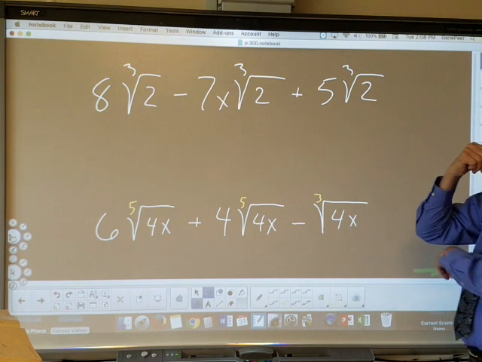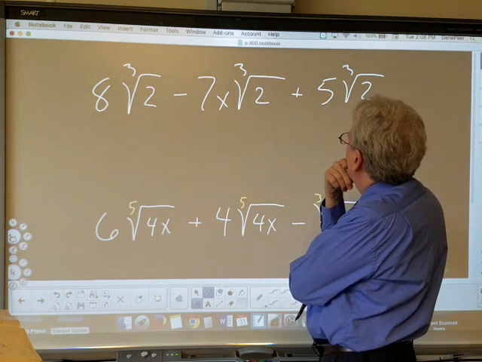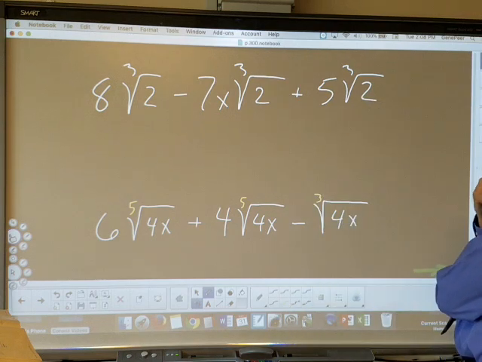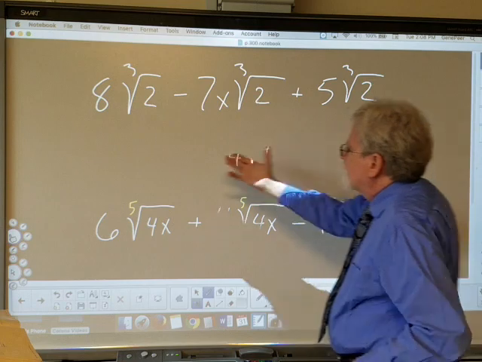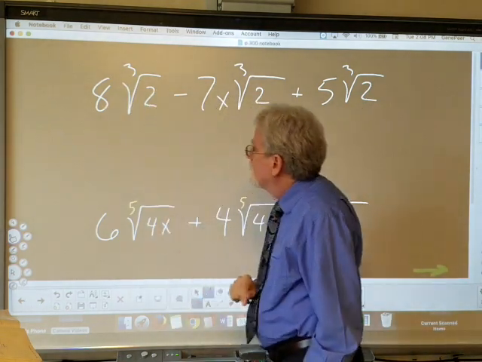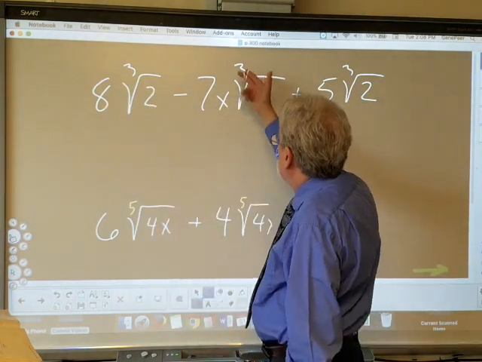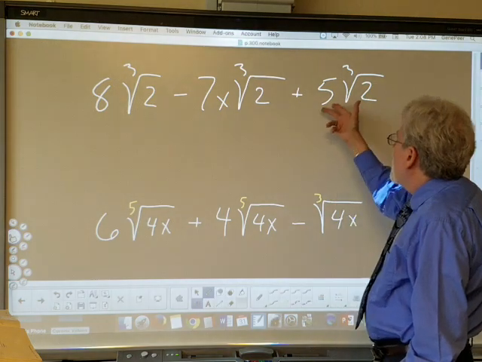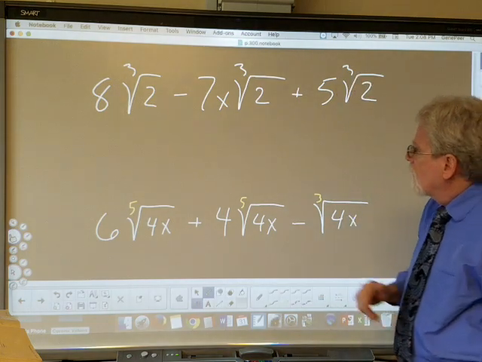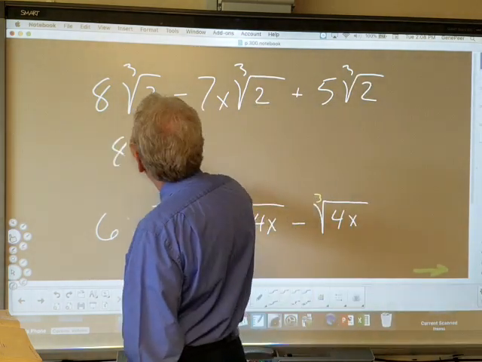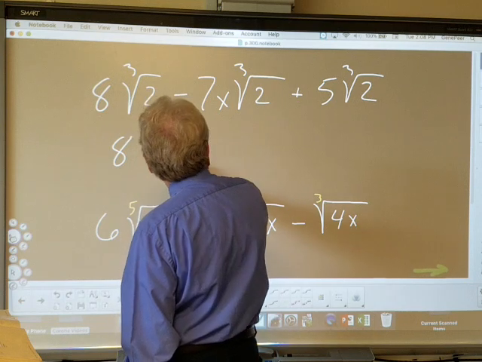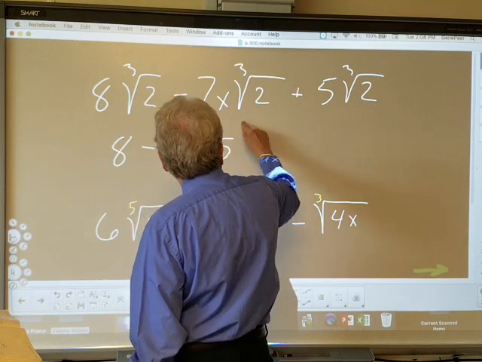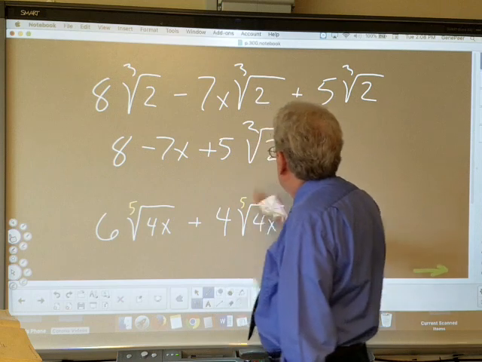Now in this case, oh, this is another reason. The tricky one doesn't come till later. I've got 8 cubed roots of 2 minus 7x cubed roots of 2 plus 5 cubed roots of 2. Well, that means I must have 8 minus 7x plus 5 cubed roots of 2.